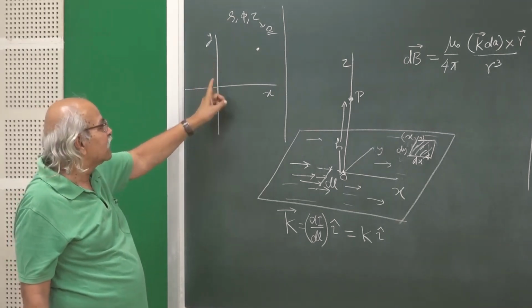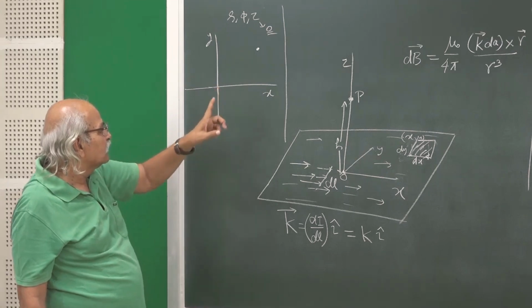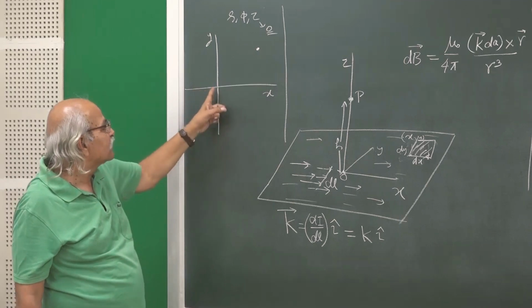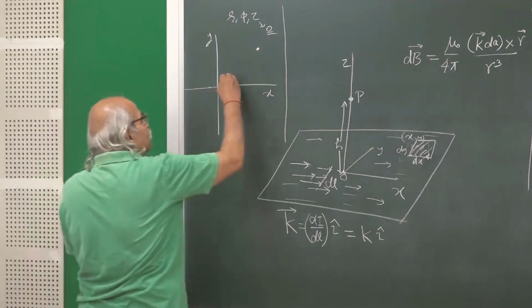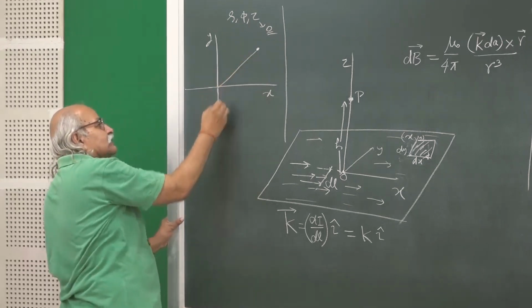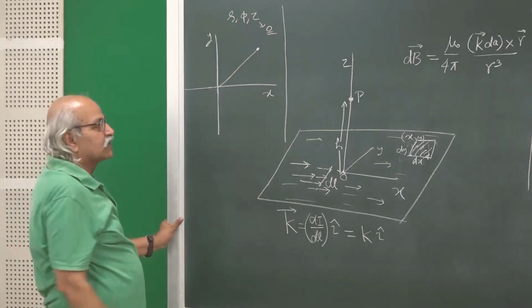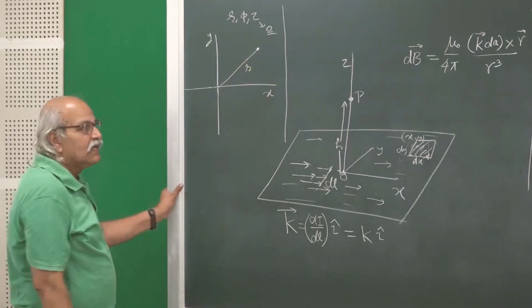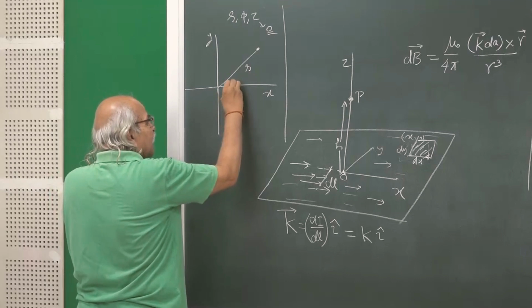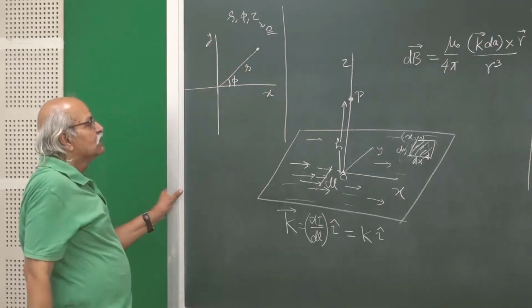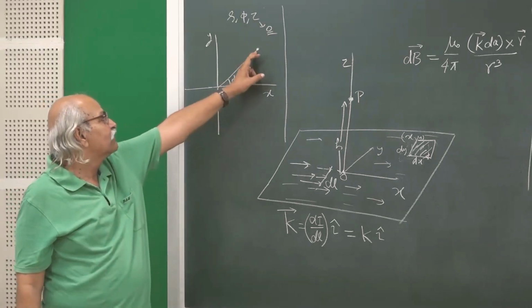So, our x axis is coming out of the board. Drop a perpendicular from the point to the axis. That line joining the origin is s, and this line makes an angle with the x axis that we call phi, and z is anyway 0. So, these are the coordinates s, phi, z.